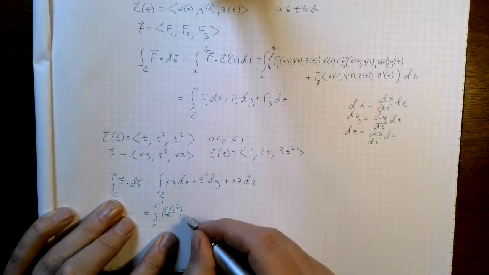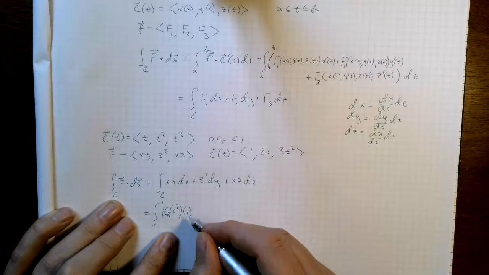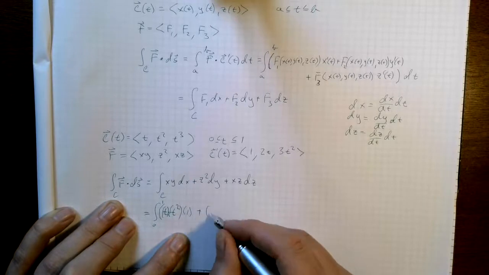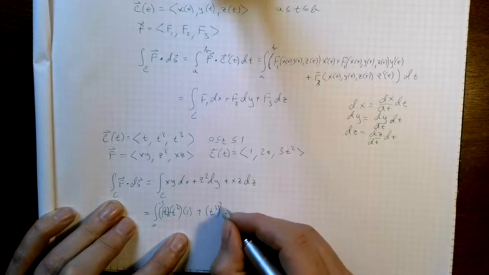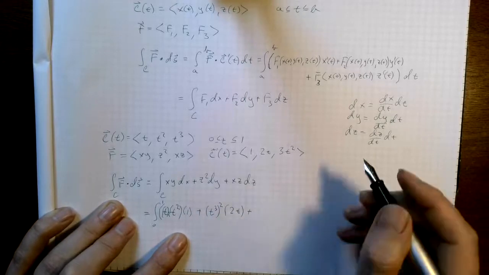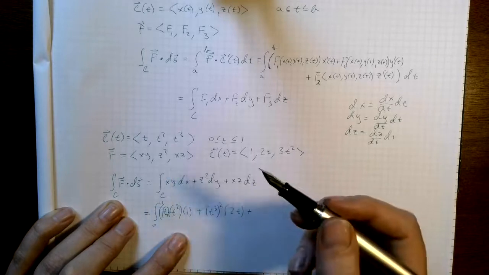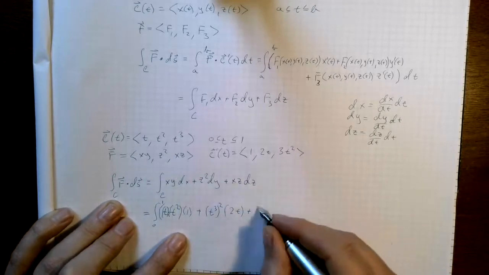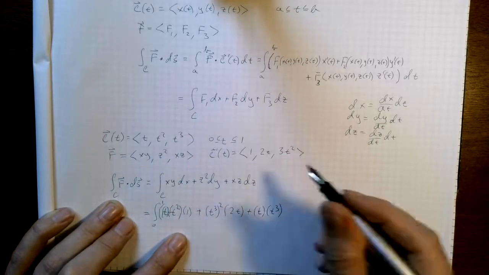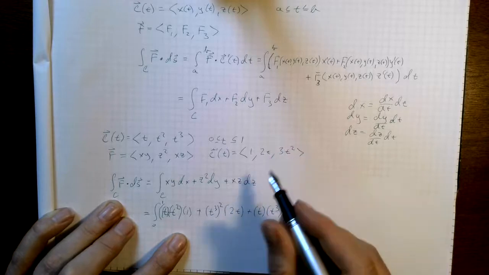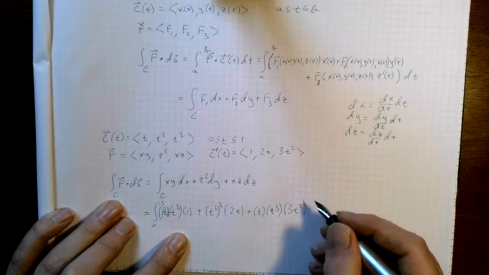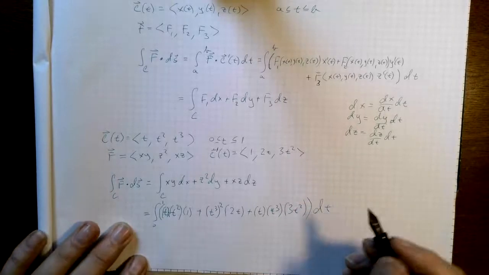So over here I'm gonna get times 1, plus z squared, that's t cubed squared, times dy, which is 2t, and now we have xz, so that's t times z, which is t cubed, times z prime, which is 3t squared. And this whole thing is dt.